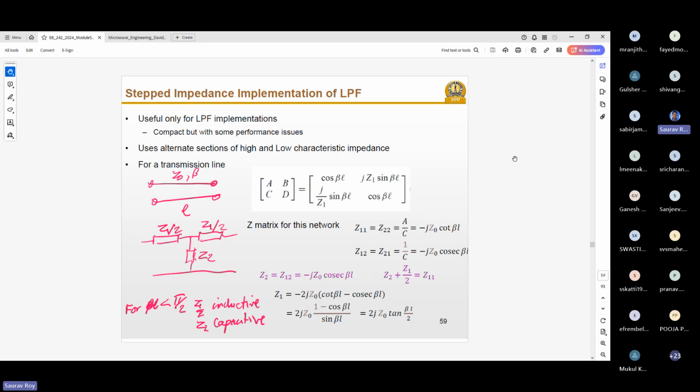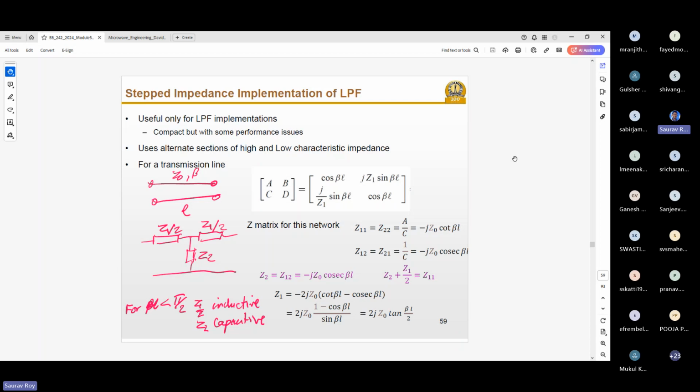So now that we have understood this portion, you have a way to implement the low pass filter using these circuits. Now the question is, is there any other option available for low pass filter implementation?